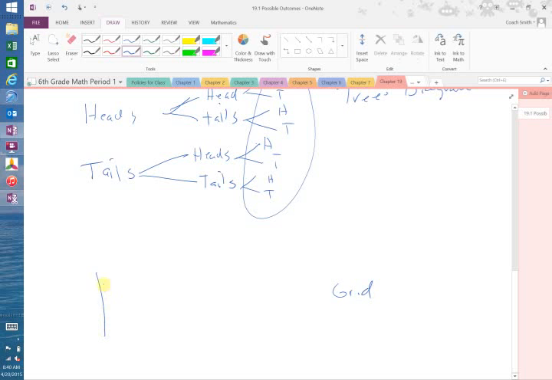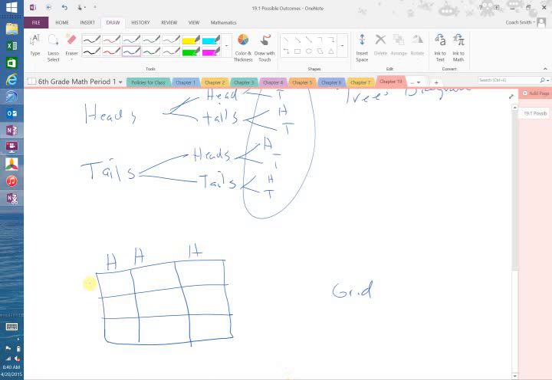A grid is where you would do a box like this. You have one. Up here you have heads, heads, heads, and here you have tails, tails, tails. Okay, well, in this first box, no, hang on here. Is that right? Let's see, let me make sure.